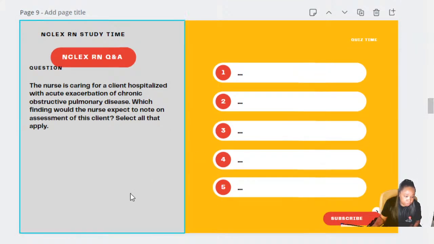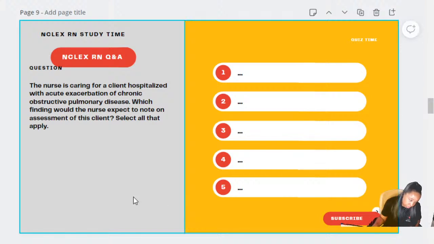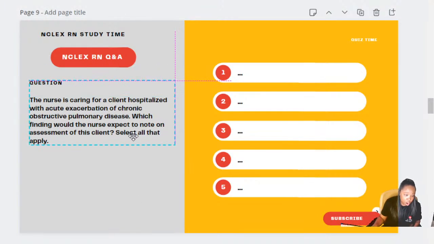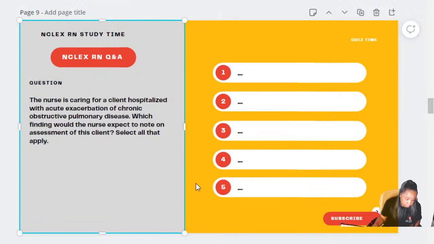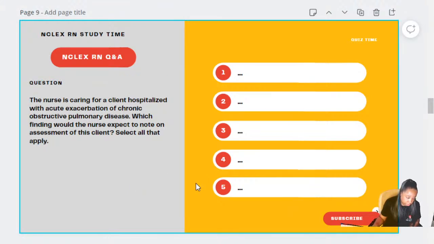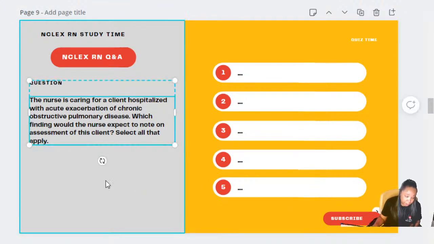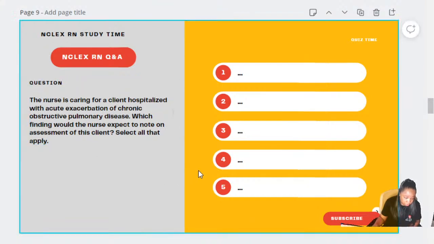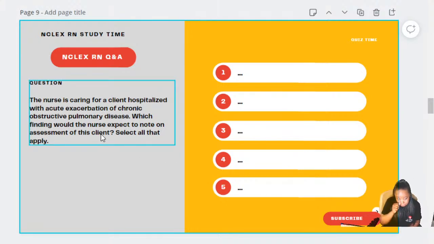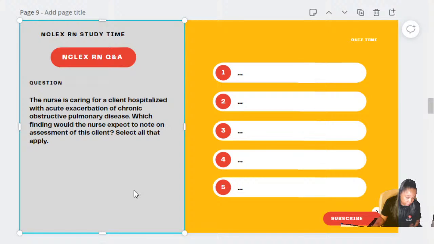It's good to know about COPD because COPD is always in the NCLEX. Always. COPD is an emergency situation because you have to know what to do for a patient with COPD. It's either about oxygenation or positioning, and you need to know what to do for a patient who has COPD.